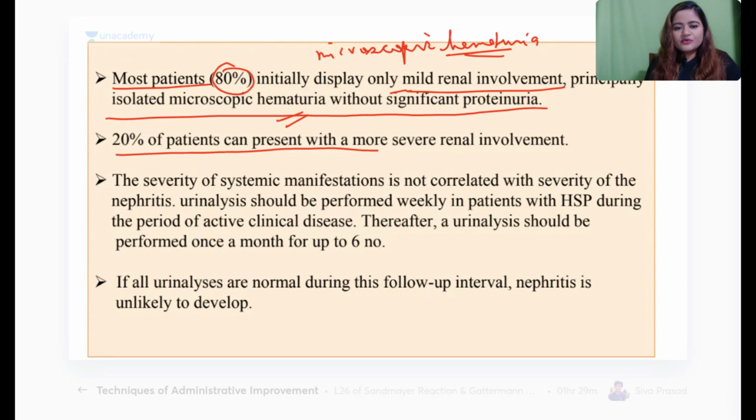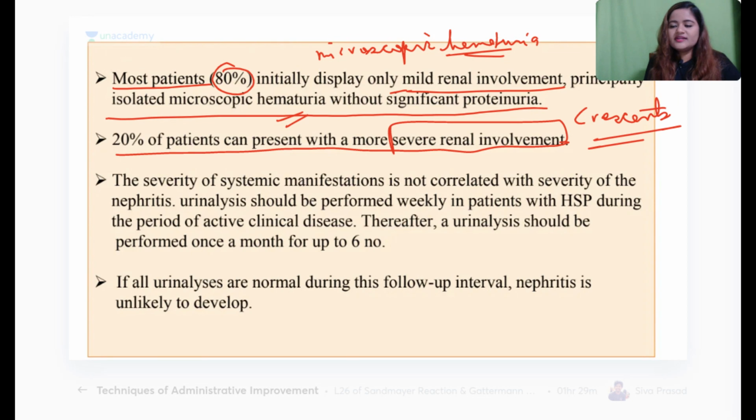But some of the patients can progress to severe renal involvement, where crescents form in the renal system. Yesterday, when we discussed the causes of rapidly progressive glomerulonephritis, the vasculitis disorders were also one of the causes. Now the severity depends on the damage to the renal system. Urine analysis should be done so that you can easily detect proteinuria and hematuria.